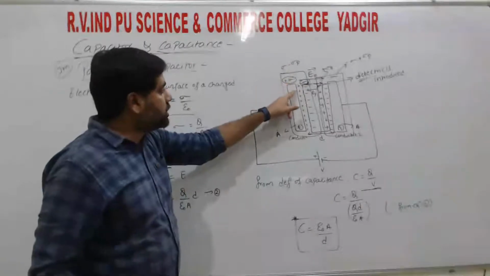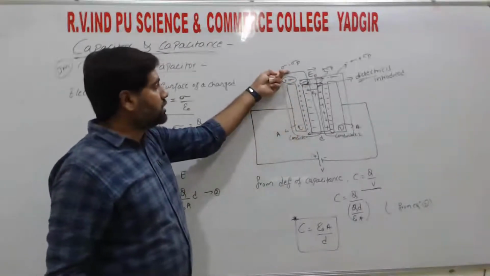Here sigma is the charge density on the conductor; initially we have sigma.